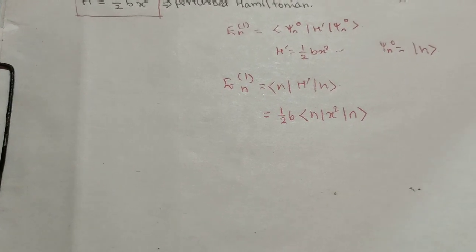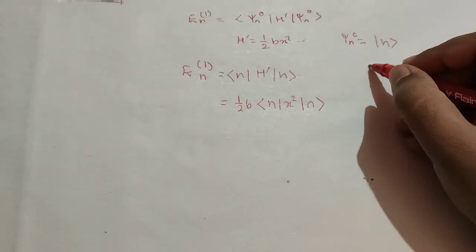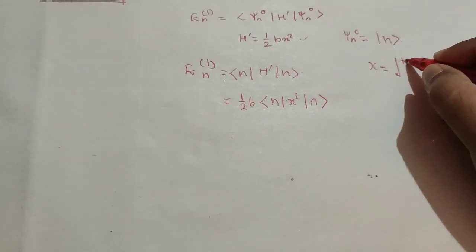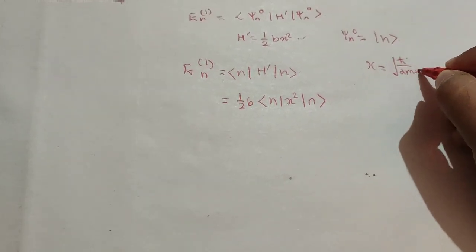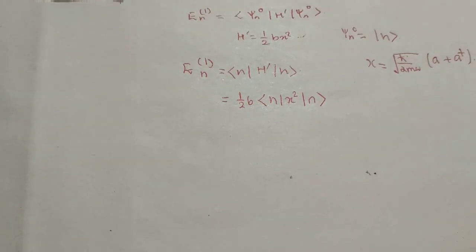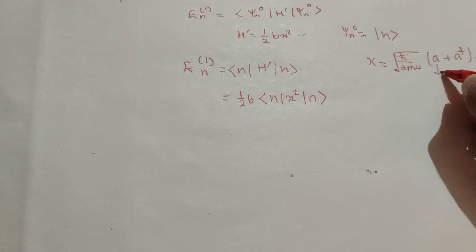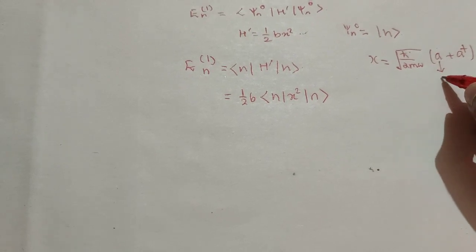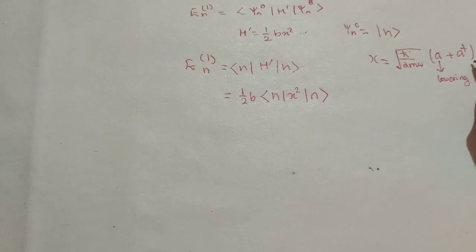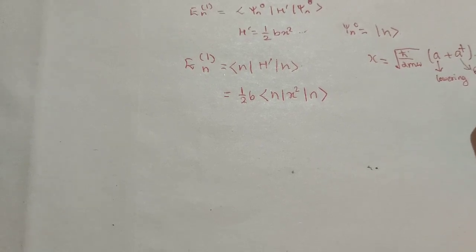We know that in the quantum harmonic oscillator, x is root h bar by 2 m omega times (a plus a dagger). Here a is the lowering operator and a dagger is the raising operator.